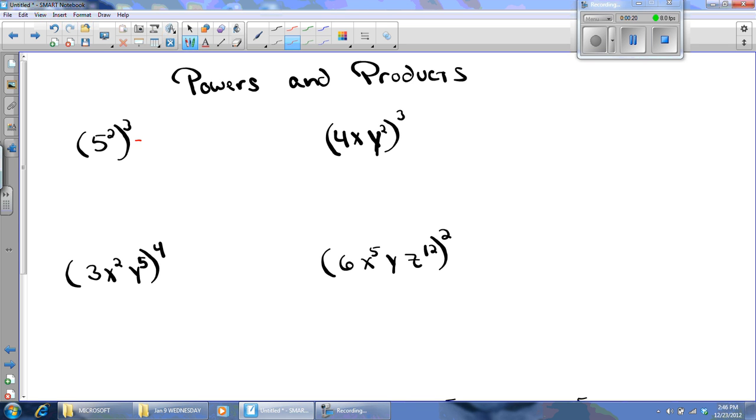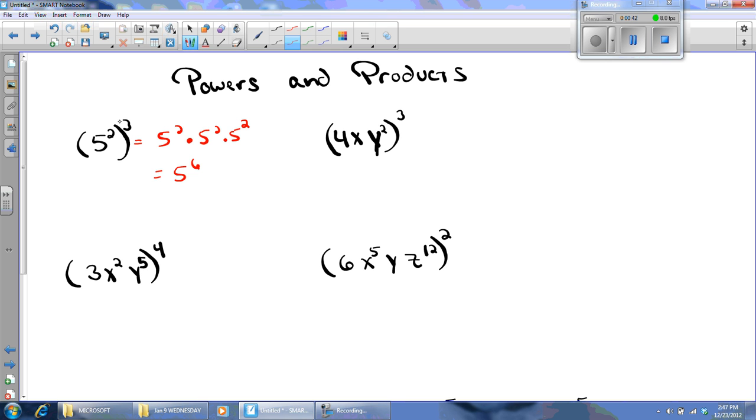Well, doesn't that mean the same as 5 squared times 5 squared times 5 squared, right? And the bases are alike, so 2 plus 2 plus 2 would be 5 to the 6th power. See, some of you are just ready to go, oh, it's 5 to the 5th. No, you need to stop and think about what it is.